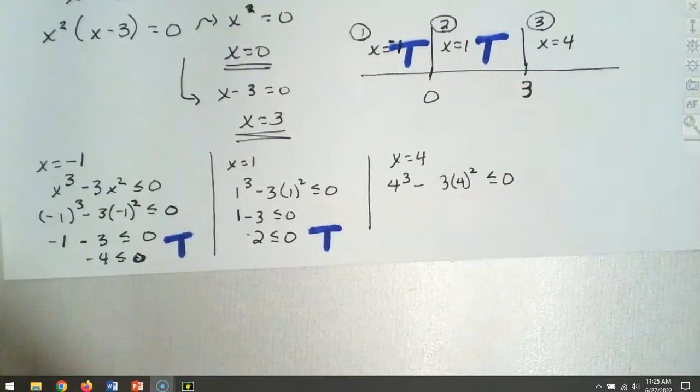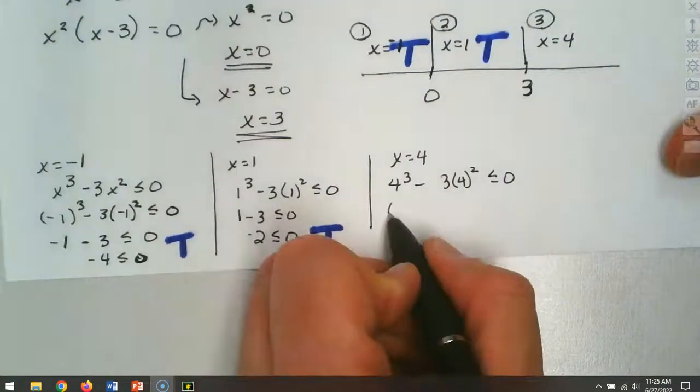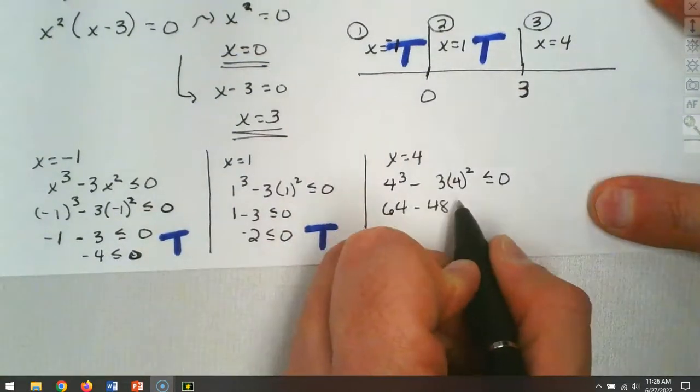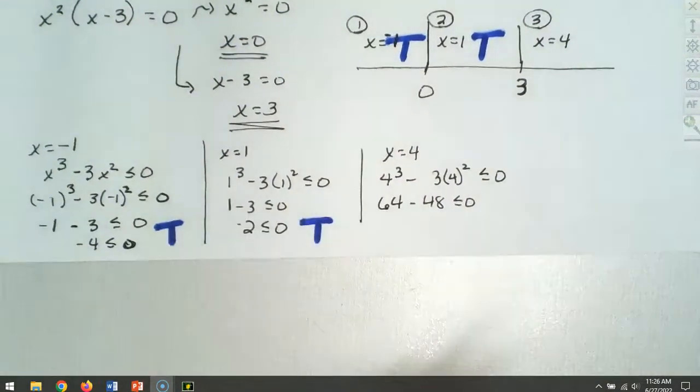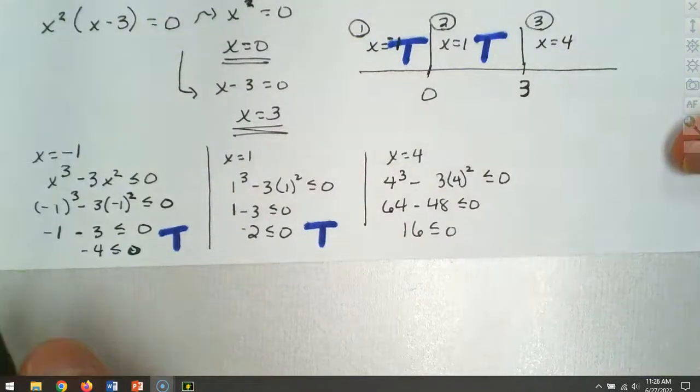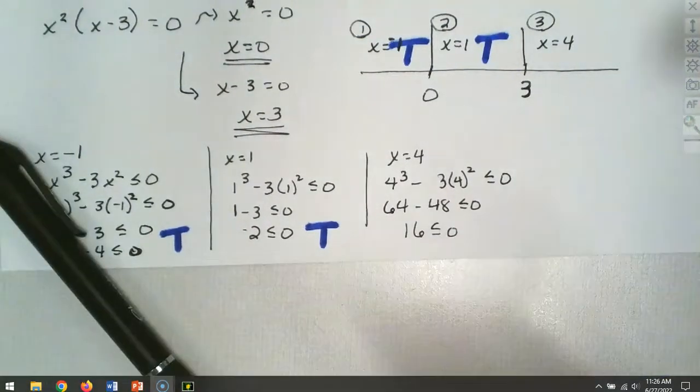Well, 4 cubed is 4 times 4 times 4. And so 4 cubed is 64. 4 squared is 16. Times a negative 3, that makes it a minus 48. And 64 minus 48, that's 16. And 16 is not smaller than 0, so that piece is false.